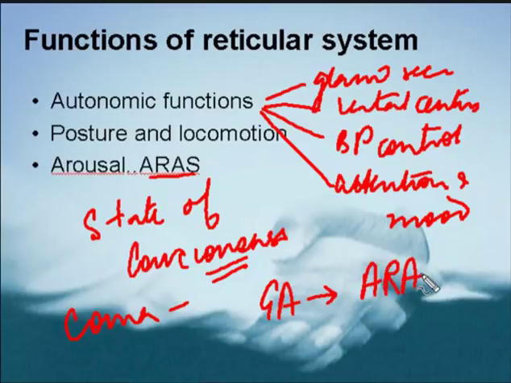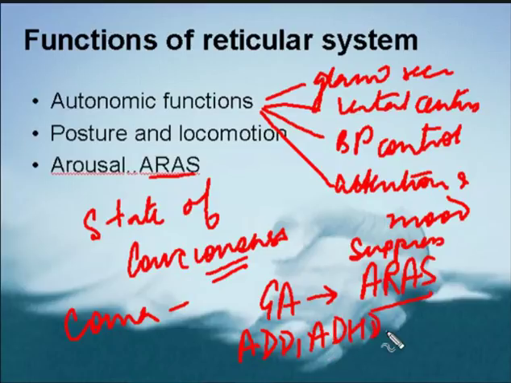In fact, this reticular formation has been blamed in ADD and ADHD, because what they think is that it's possible that there is over-arousal of this ascending reticular activating system, which keeps the higher centers active all the time. So it has been blamed in that.